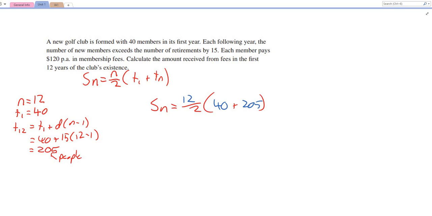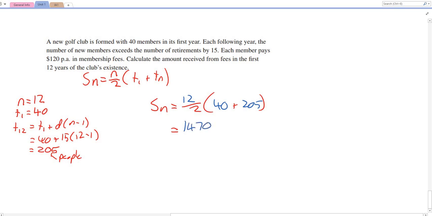Is there any rearranging we need to do? No, we can just put it straight into the calculator. What's that give us? 12 divided by 2 is 6, sure. 6 times 245. 1470?